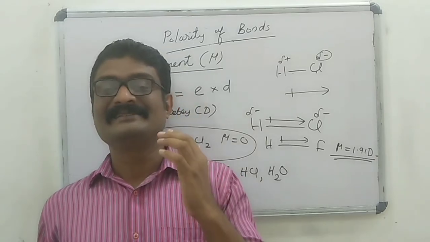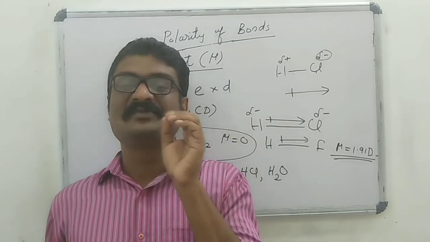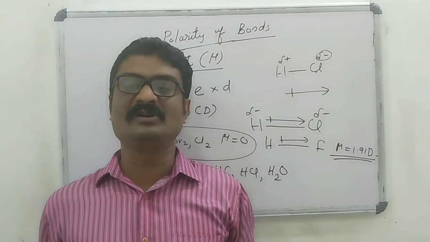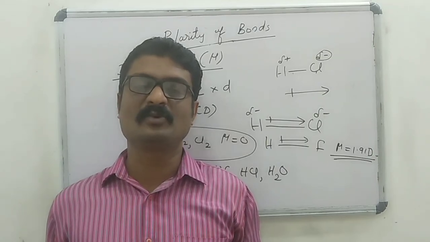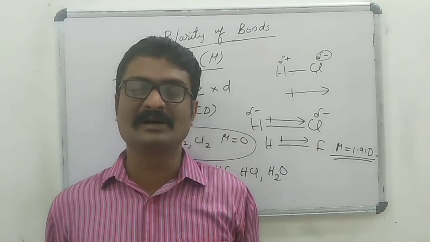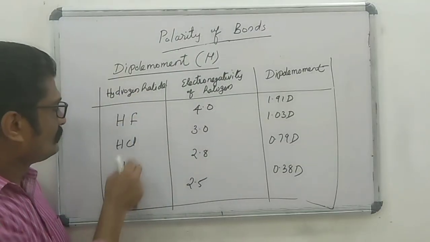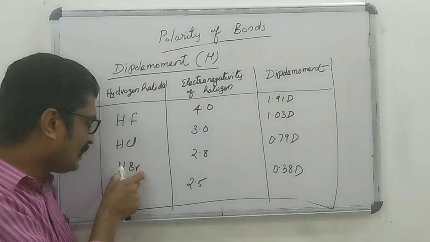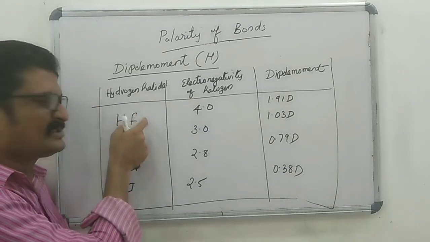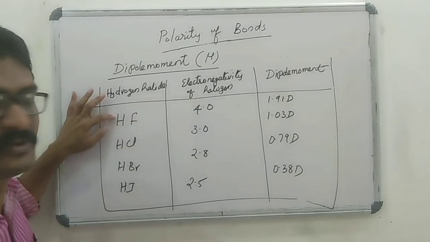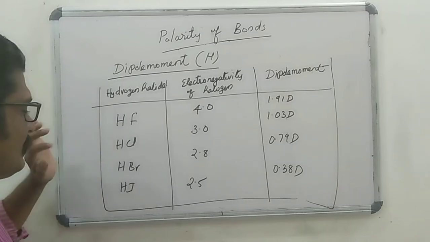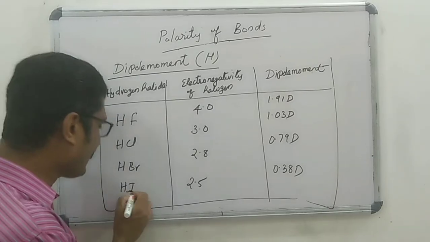Here, the different hydrogen halides are placed in this table: hydrogen fluoride, hydrogen chloride, hydrogen bromide, and hydrogen iodide.